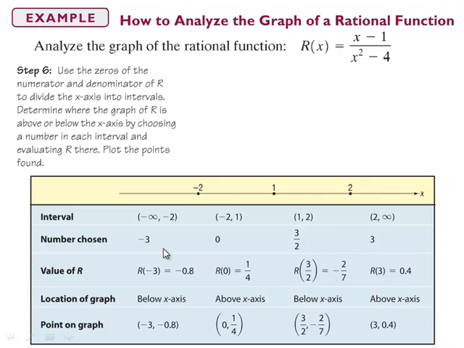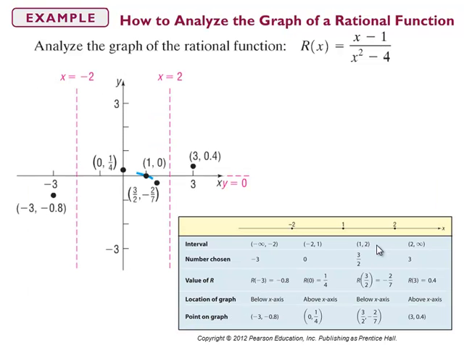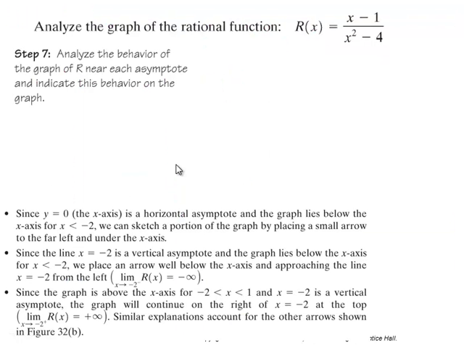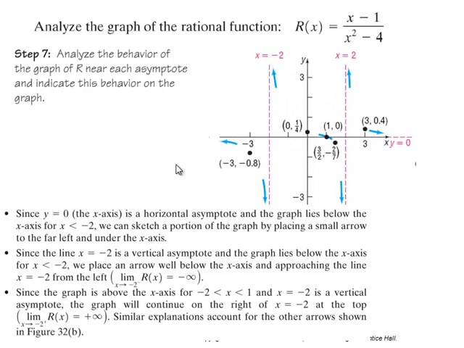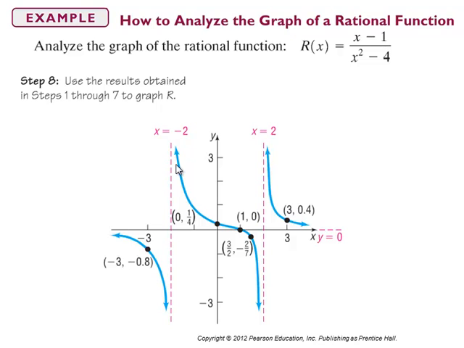And we pick the convenient test points of -3, 0, 3/2, and 3. And evaluate the function to see whether the function is positive or negative, and then plot those points. And then, of course, we can decide on the behavior of the graph near the vertical and horizontal asymptotes. That's what we're doing at step 7. And then we go ahead and complete the graph as the last step.